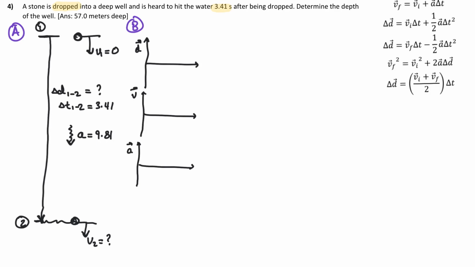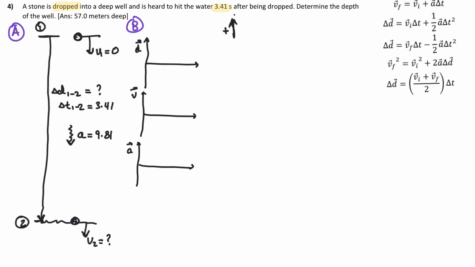Which way should we take positive? Well, in this case, you can see that almost everything is going downwards. So taking down to be positive will be the easiest way to do this question. But for the sake of showing you that it doesn't actually matter which way you take positive, I'm going to take up to be positive for this one.